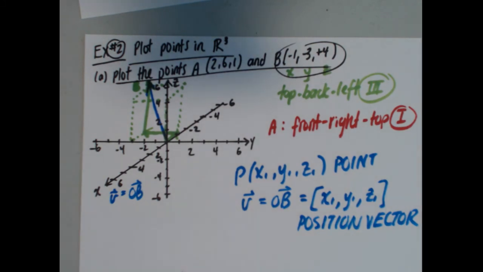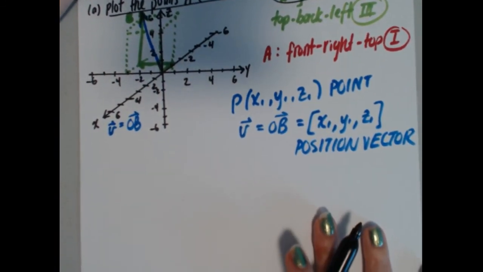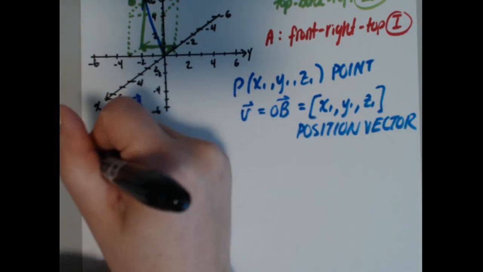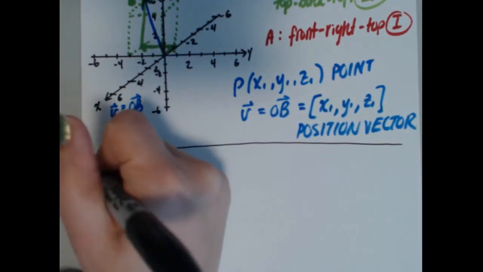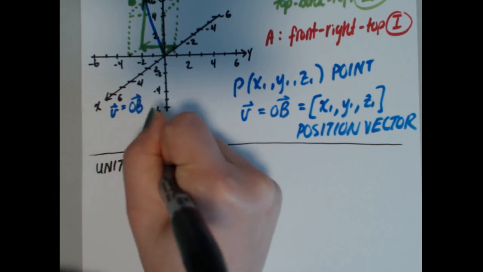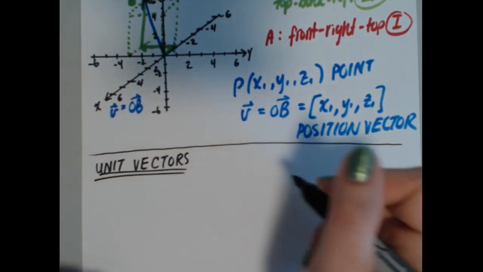Okay, let's move on. What we're really trying to show here is not just how to treat three-dimensional space, but also how much similarity and symmetry there is between R2 and R3. So first, let's go back to the idea of unit vectors, specifically the basis unit vectors.